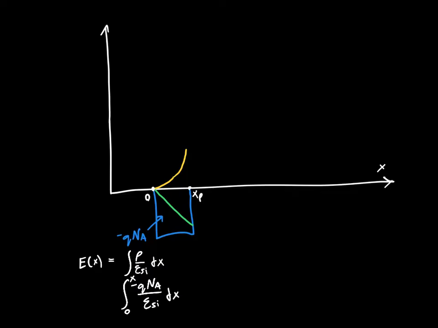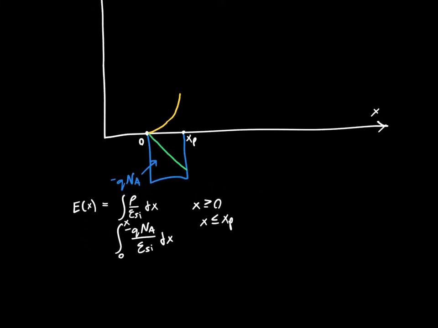And so this equation is valid for x greater than or equal to 0 and x less than or equal to xp. Okay, we actually perform the integration. Nothing here is dependent on x, so it's just minus Qna over epsilon silicon times x.